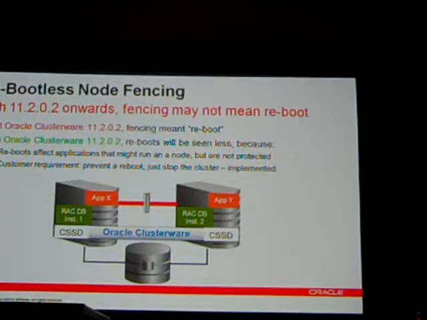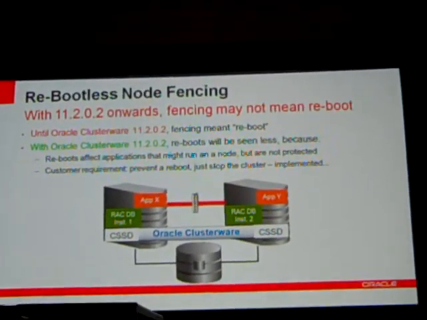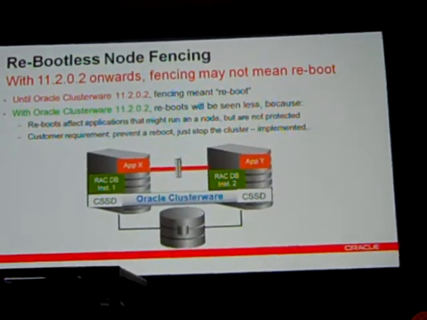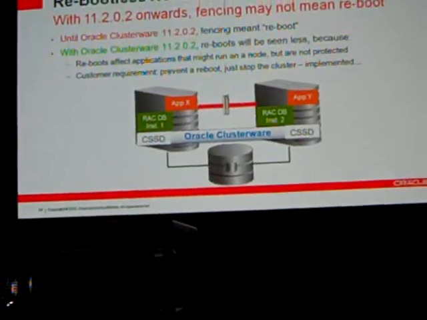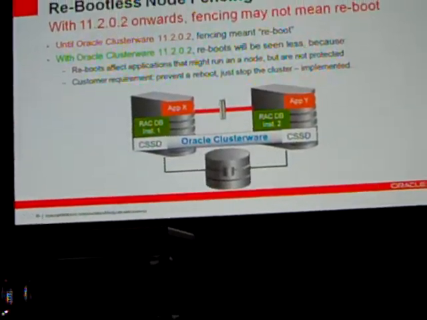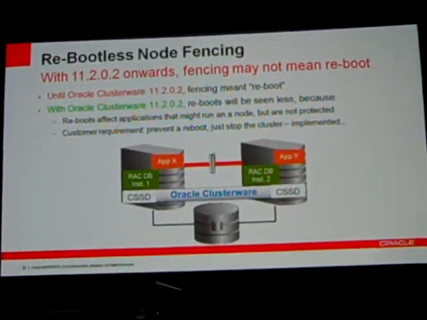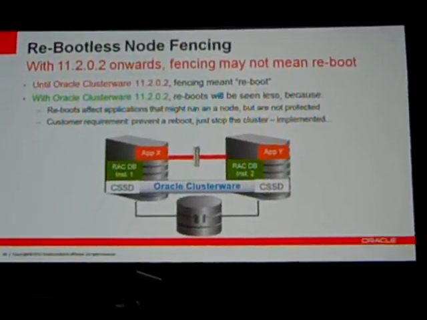And what that feature does is it tries to restart the cluster, but not reboot the node. Because when we restart the cluster only, then applications like the ones on the top right and left, application X and Y, that aren't managed in the cluster wouldn't be affected. They would still run on the node because we don't reboot the node. So that way, with 11.2, we should see actually fewer reboots.